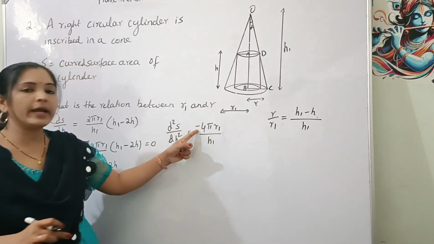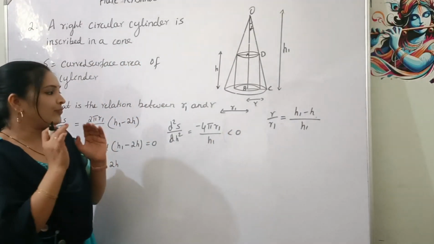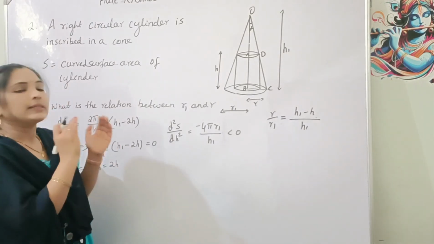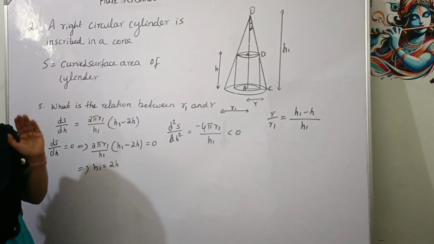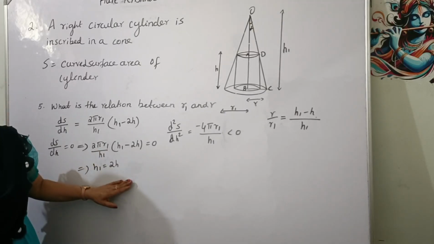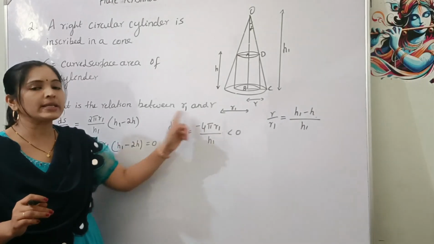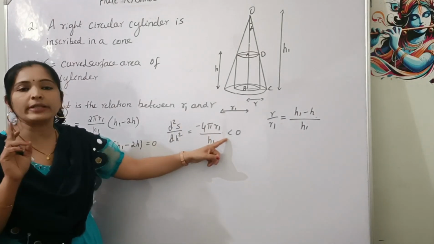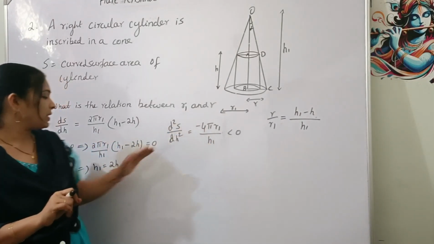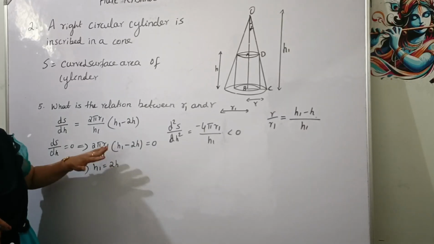See, we had got it is minus, that means it is less than 0. Therefore we can say that surface area S is maximum for H1 is equal to 2H. Since the second derivative is less than 0, it is maximum when H1 is equal to 2H.